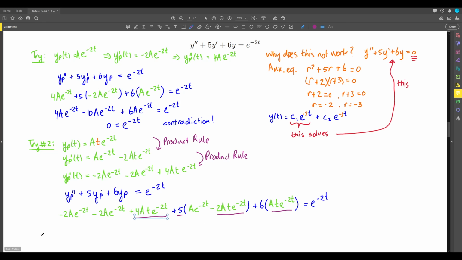So the first part is we have 4a, and then plus 5 times negative 2a. So that gives us negative 10a. And then we have a 6a e to the power negative 2t, so we're going to add 6a to that.